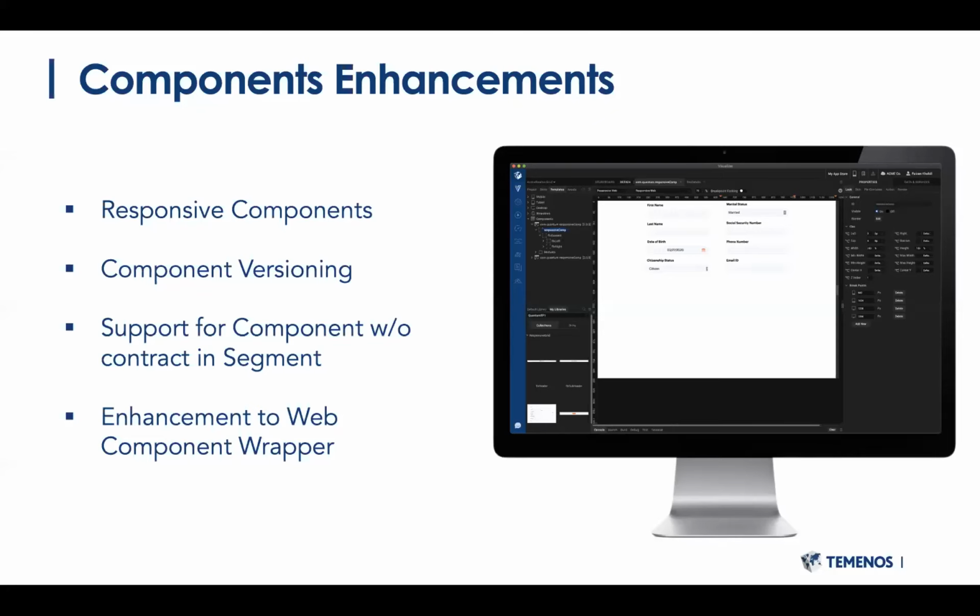The first enhancement that we're going to talk about is the capability to create a responsive component itself. What this allows users to do is create a component with different breakpoints and with a different layout on each of the different breakpoints, right? We'll see that in a minute in a demo.